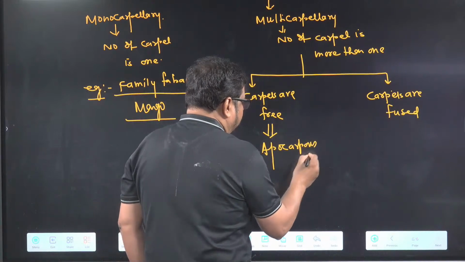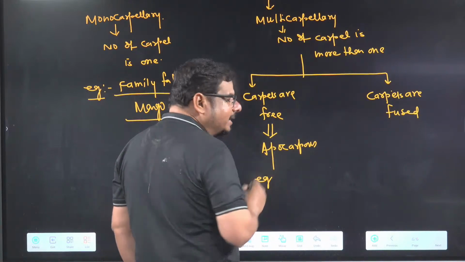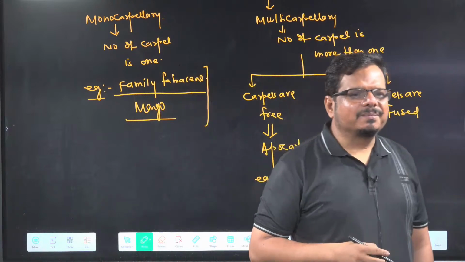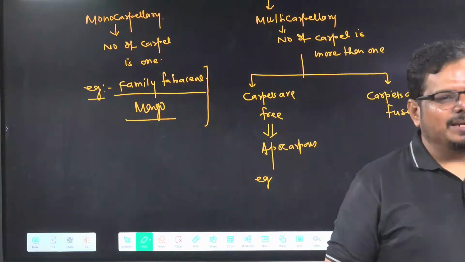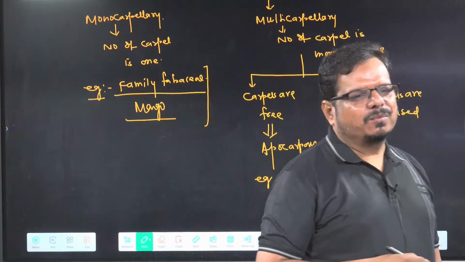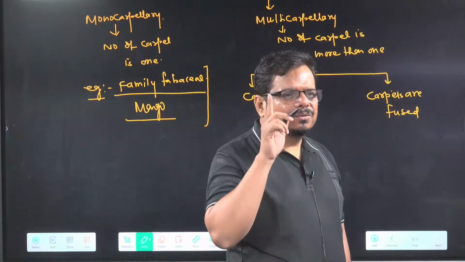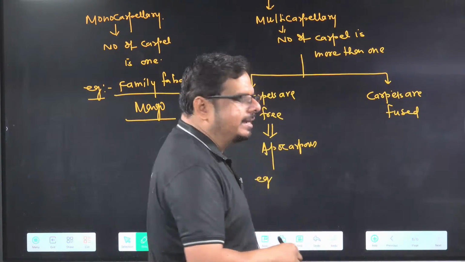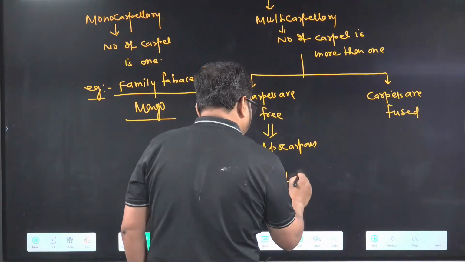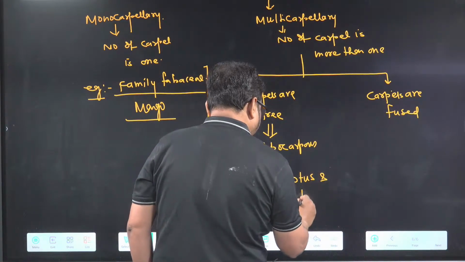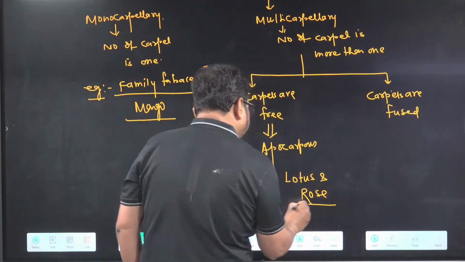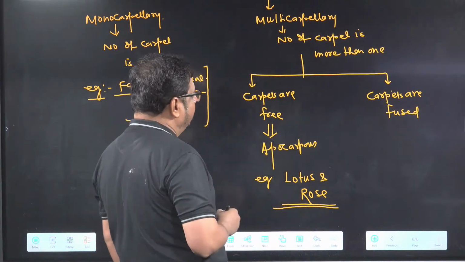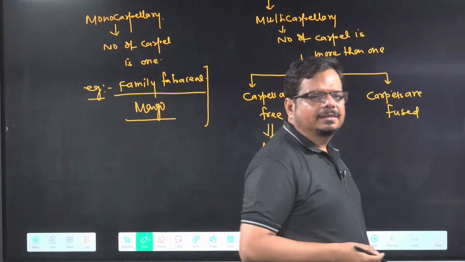Well done. Apocarpous. Can you also tell me an apocarpous example? What example is given in your textbook? Don't look at your textbook first unless you are confused. Take help only when you make a mistake. Very good. Lotus and rose are examples of apocarpous. Got the idea?